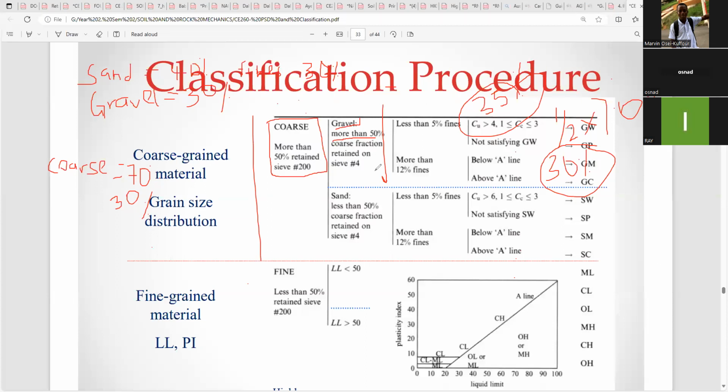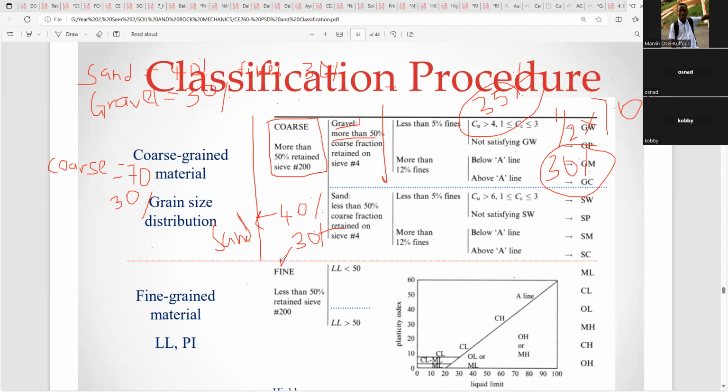So we have sand to be 40% out of the coarse fraction, and we have gravel to be 30%. Here, you shouldn't waste time. It means we have more sand than gravel. This one is for sand.